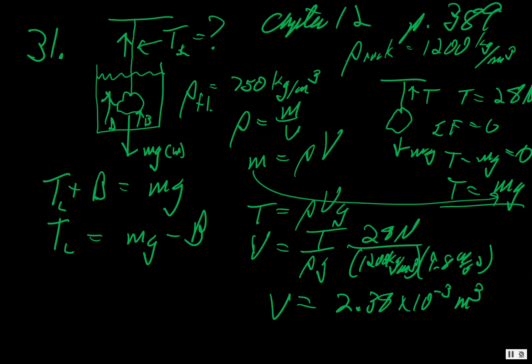So how can we find the tension in the string? Now remember, y'all, that we have our equation right here. All right, so remember now, let's look at this. And by the way, how do we define the buoyant force?